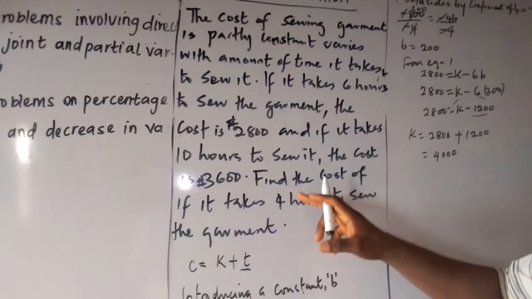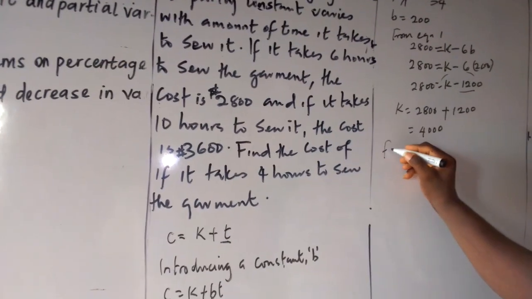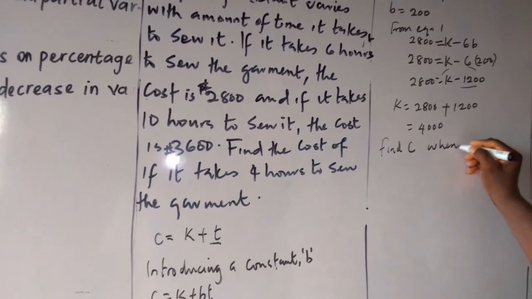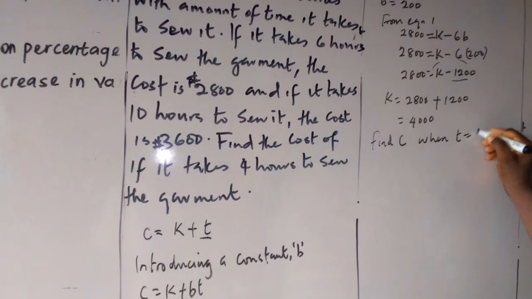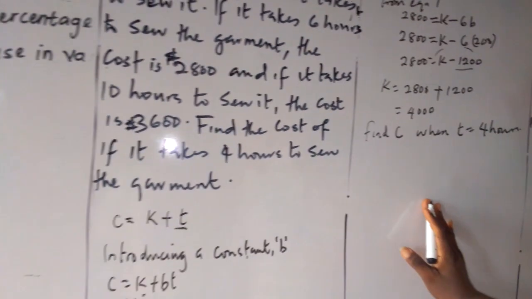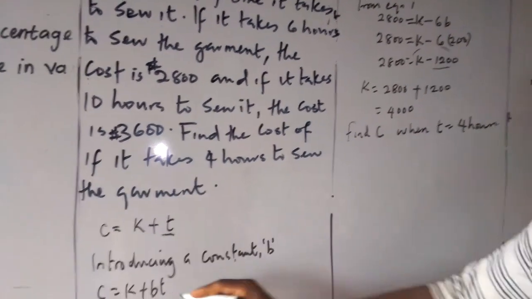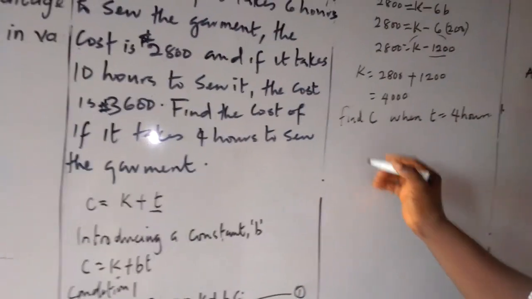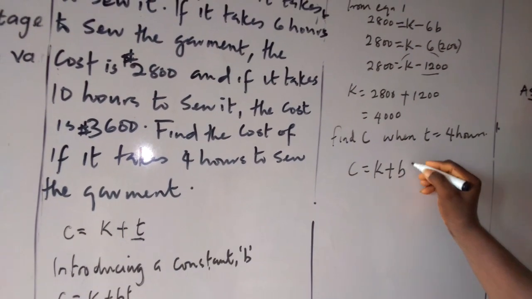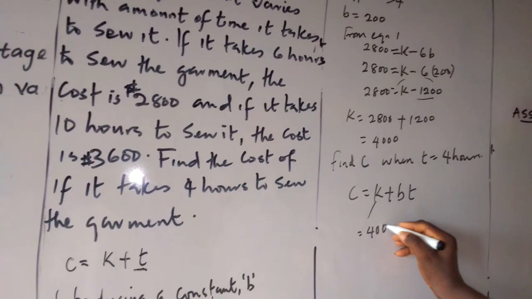The question now says find the cost, find C, when T is equal to 4 hours. Are you with me? From the same expression we have already established, C is equal to K plus BT. The first constant K is what? 1,600.